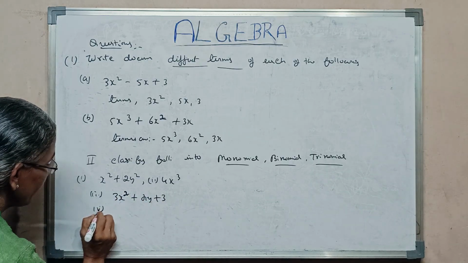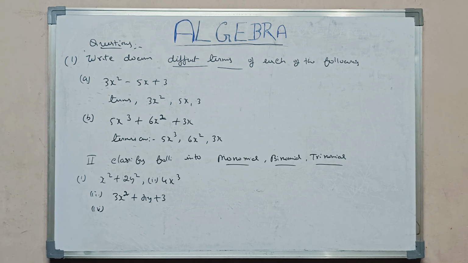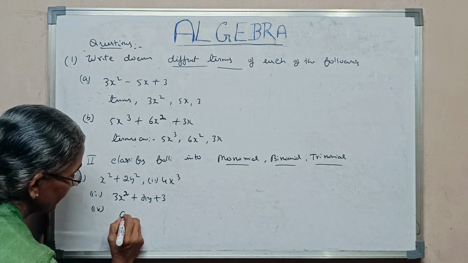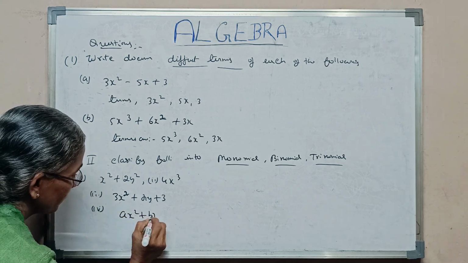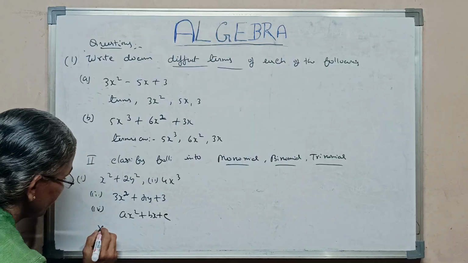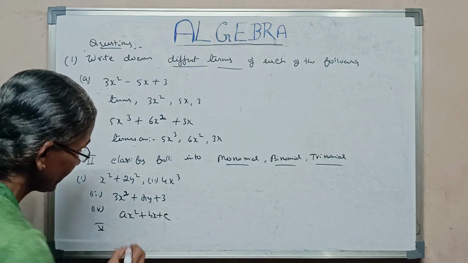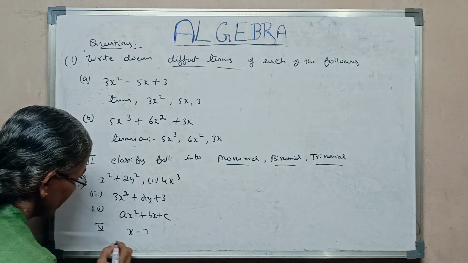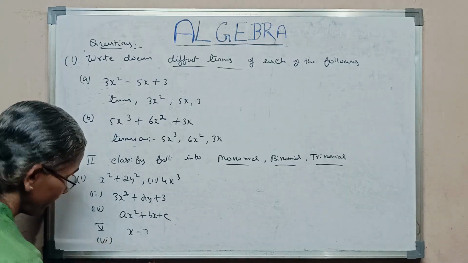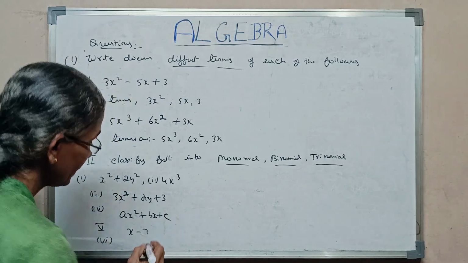Fourth is ax square plus bx plus c. Fifth, x minus 7. And sixth one is 5mn cube.